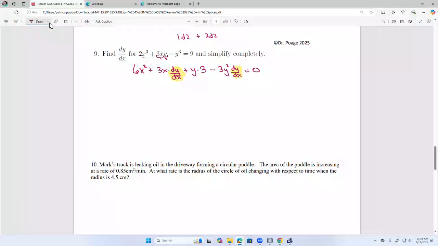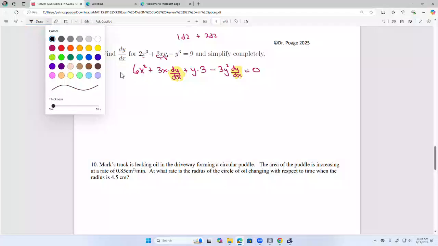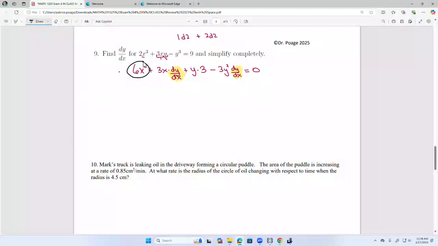That means I'm going to take these other terms that are not dy dx. This one is positive, so I'm going to subtract it to the other side. This one is also positive, so I'm going to subtract it to the other side. So on this side, I'm going to have 3x dy dx minus 3y squared dy dx. And over here, I'll have negative 6x squared minus, and I'm going to write the 3 in front, 3y.